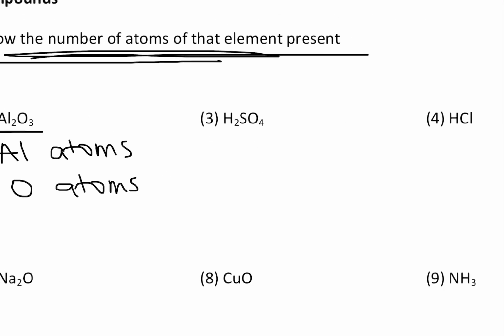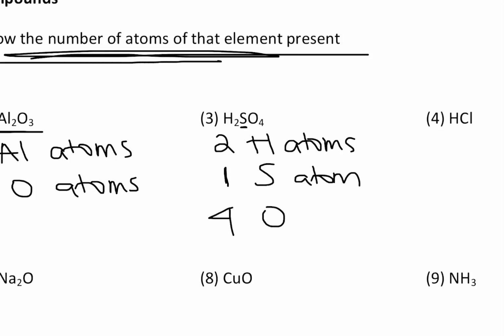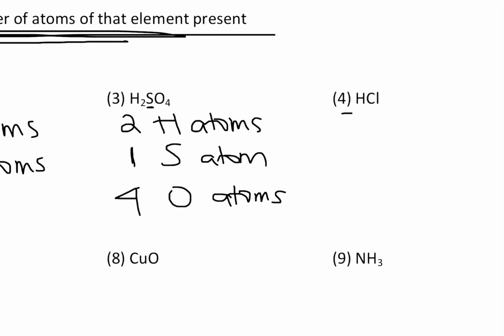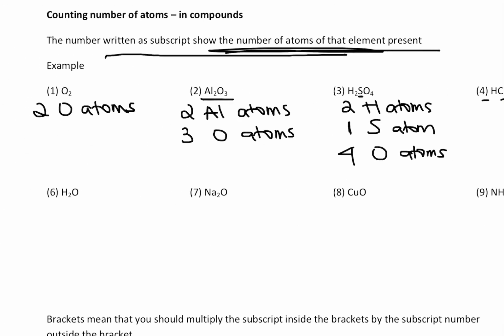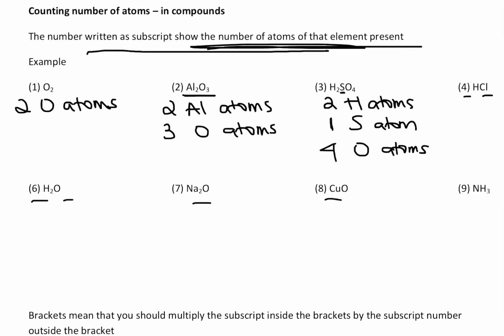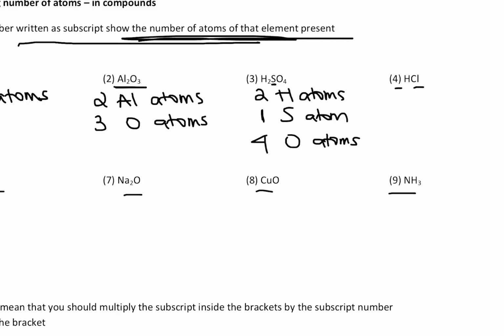If you look at here, there are 2 H atoms. S, there is nothing written on it, so that's just 1 S atom. And there are 4 O atoms. Similarly, you're going to write down how many atoms of each element you have in the following compounds.